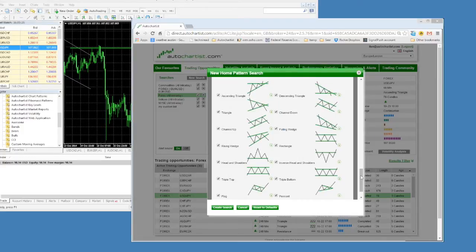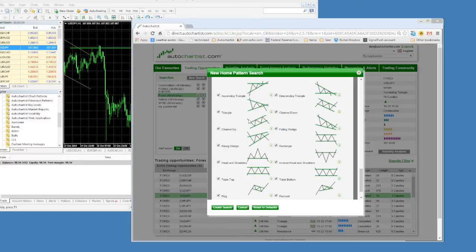Even if you look at, for example, the difference between a rectangle and a triple top and triple bottom, very similar in nature, except one extra turning point in them. So they're almost the same kind of pattern, although in literature there is definitely a distinction between rectangles or triple tops and triple bottoms, and there's similar analogies to other patterns as well.